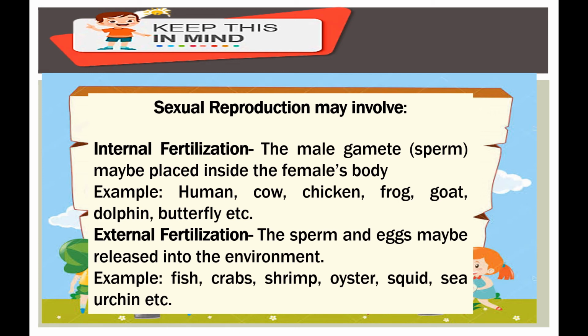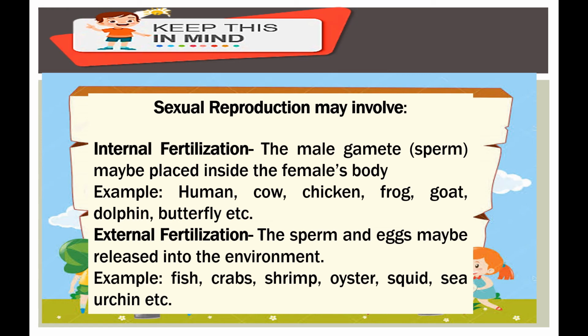Sexual reproduction may involve in two ways. Internal fertilization. The male gamete or sperm may be placed inside the female's body. Example: human, cow, chicken, frog, goat, dolphin, butterfly, and so on.